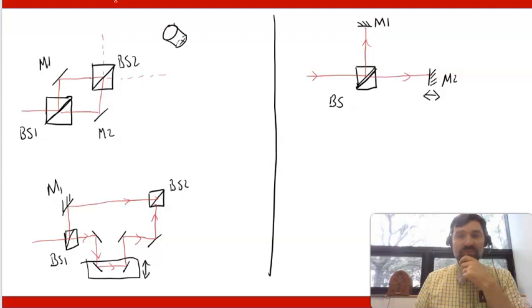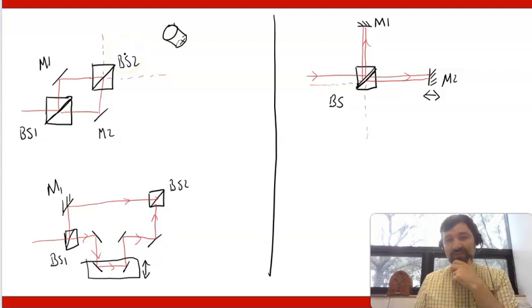The beams will reflect like this and like this. And essentially, you can either get a beam coming this way or you can get a beam coming back this way. And so maybe I put a little screen down here.